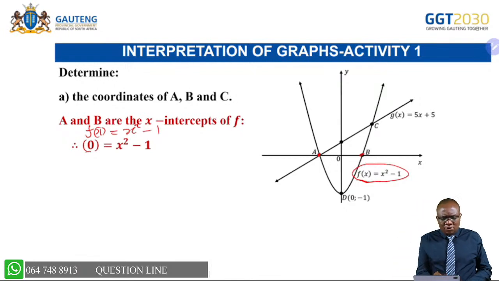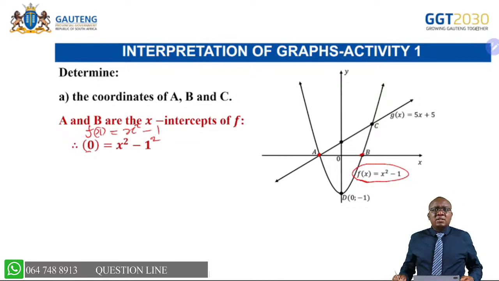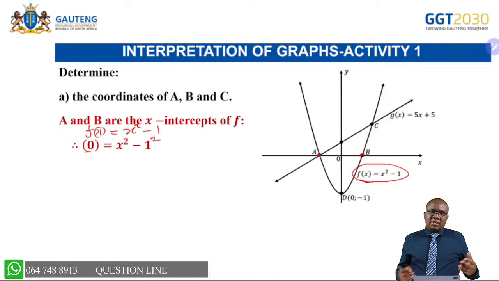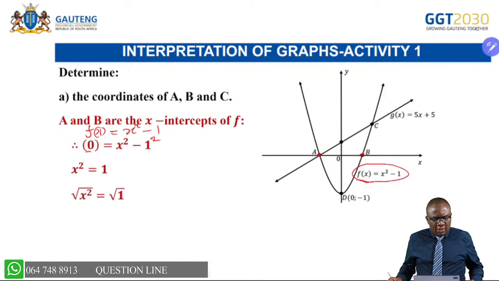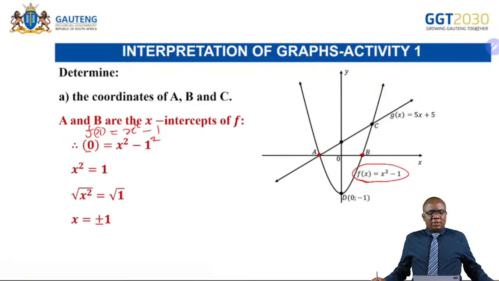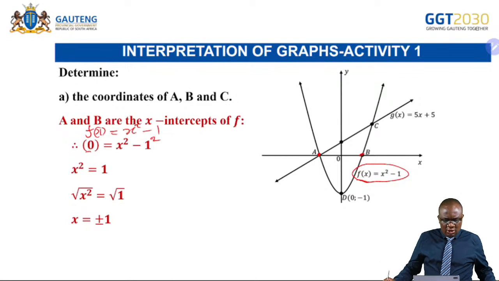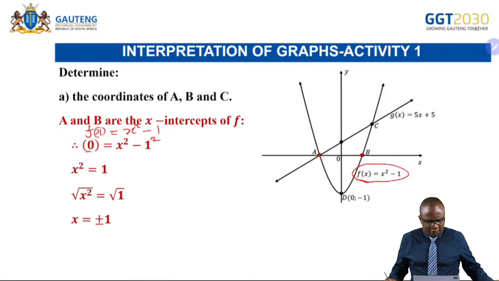Like I said, you can use difference of two squares so that you can solve. Remember that. Or you can square root both sides. Whichever method is faster for you. Then x equals positive 1 or x equals negative 1.